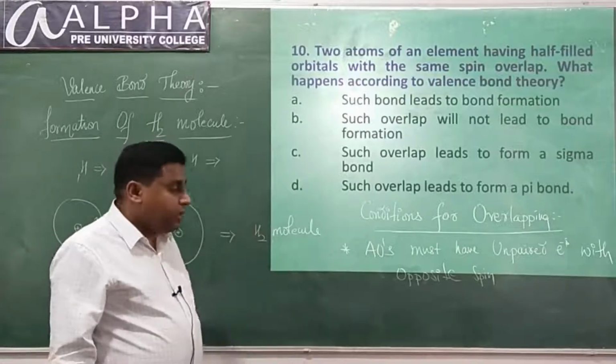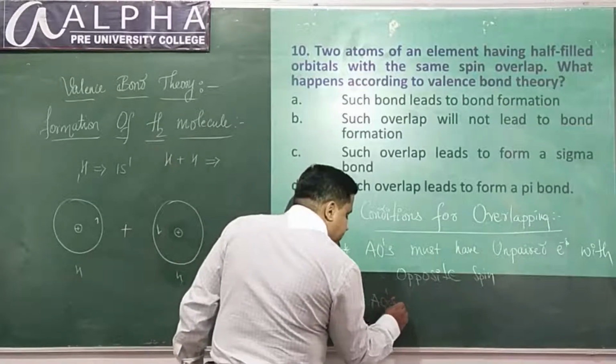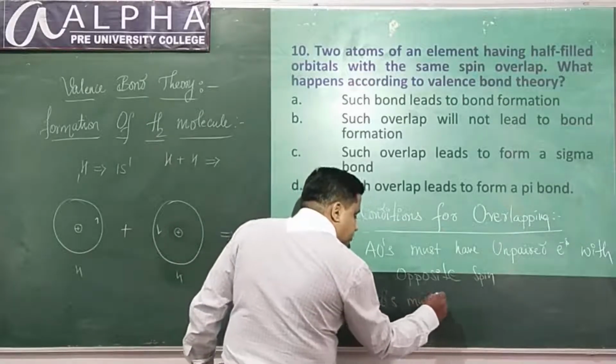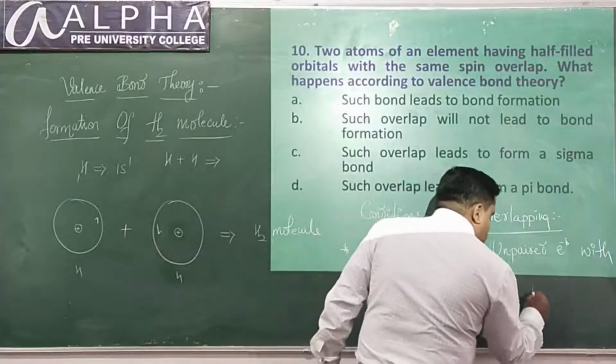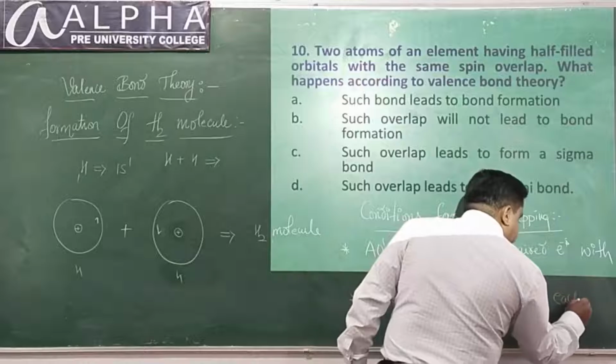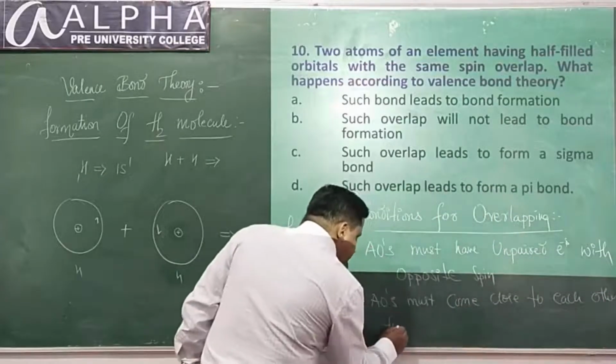This is the condition. The other condition is that the atomic orbitals must come close to each other for maximum overlapping.